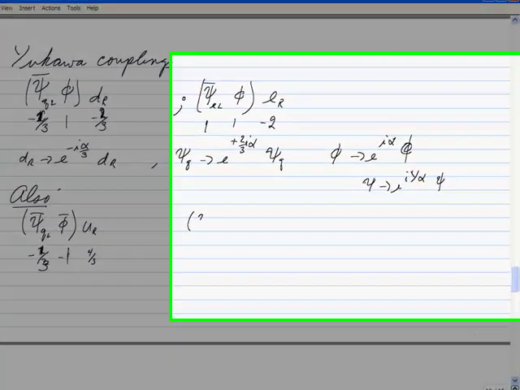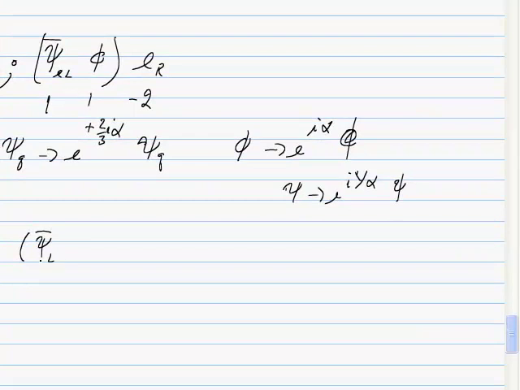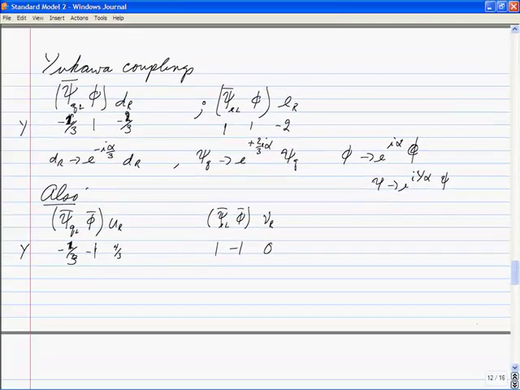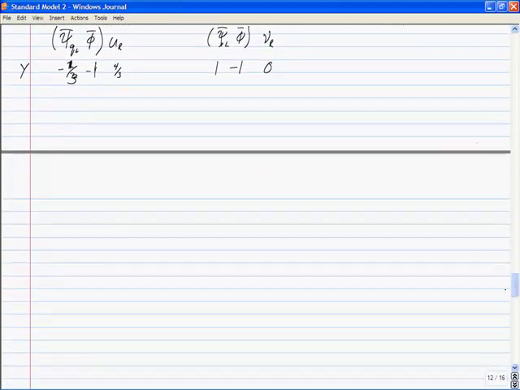And then the other one that can work is the psi bar left lepton, phi bar is a singlet, hypercharges 1, minus 1, so you have to have a 0 there, or new right is the allowable one there. Okay. So this tells us that we can write out all the following terms.